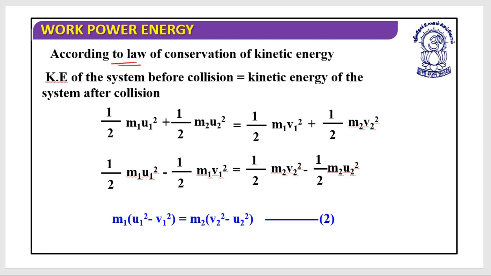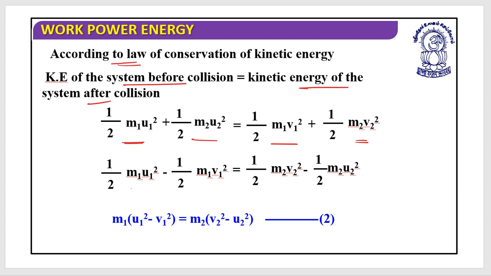Now we know that according to the law of conservation of kinetic energy, the kinetic energy of the system before collision would be equal to the kinetic energy of the system after collision. I can say so when I am talking about the elastic collision. So in the elastic collision I have the relation: half m1 u1 square plus half m2 u2 square should be equal to half m1 v1 square plus half m2 v2 square.